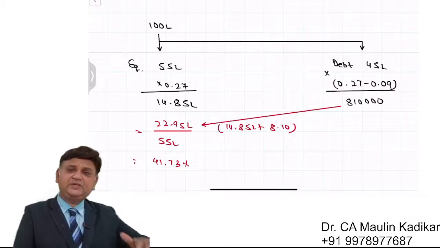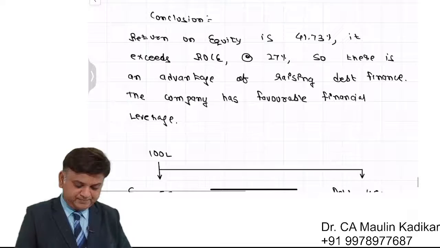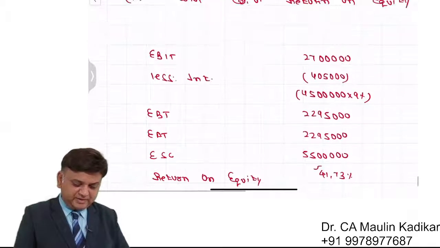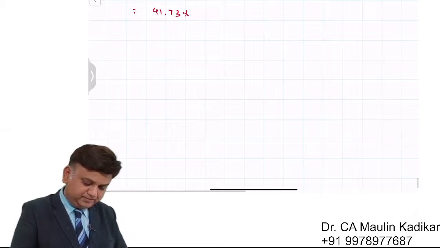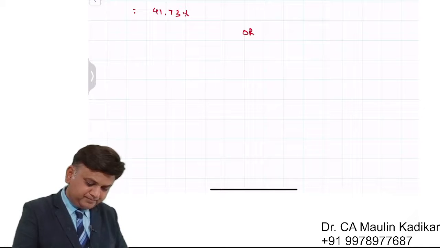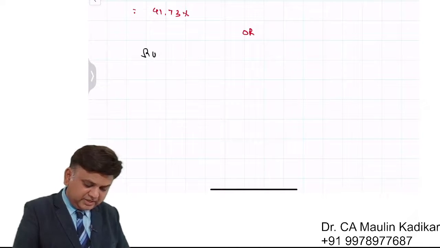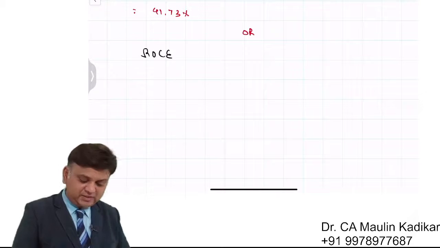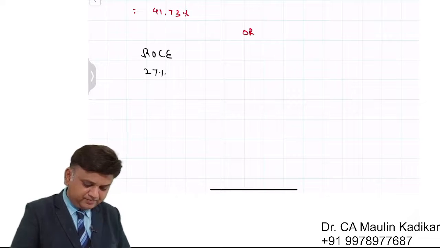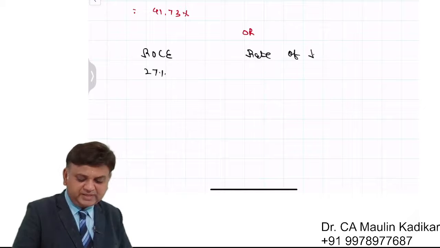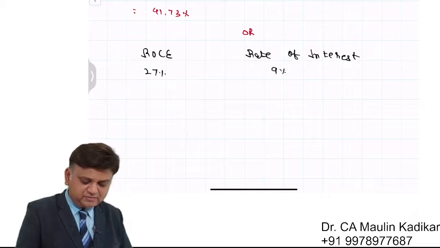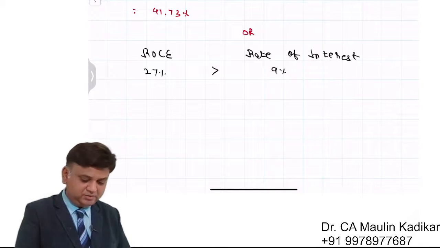This is the first, very detailed method. Instead of this detailed method, you can give the answer like this also. Listen carefully. Return on capital employed is 27 percentage. Rate of interest, because both of them are pre-tax, is 9 percentage. 27 exceeds 9, yes.